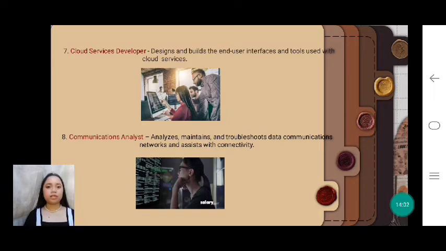So here we have the number 7, the Cloud Services Developer. Designs and builds the end-user interfaces and tools used with cloud services. The Cloud Services Developer is the one who designs and builds end-user interfaces and tools used with cloud services. And if you don't know what cloud services are, it is where you can store or access data over the internet instead of your computer's hard drive. For example, like Dropbox.